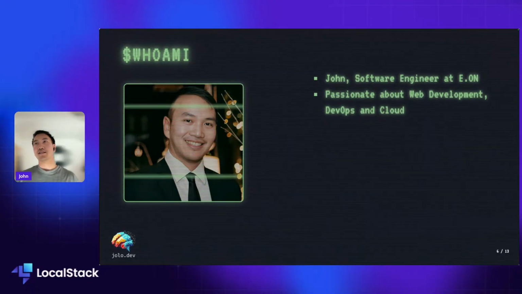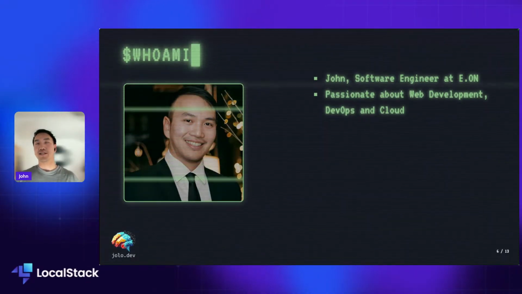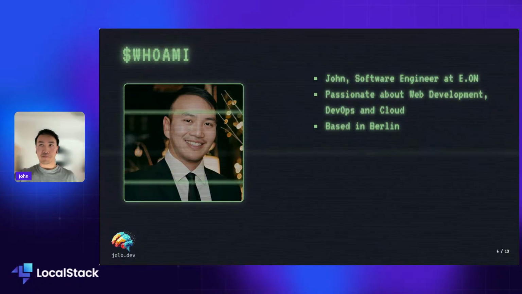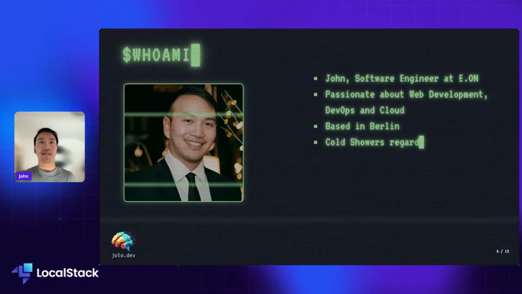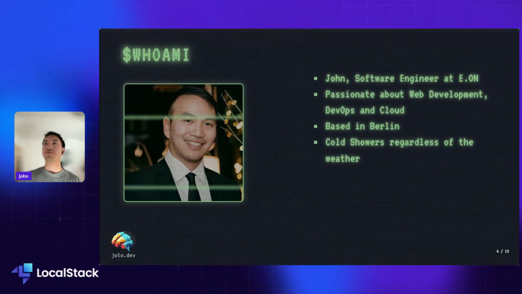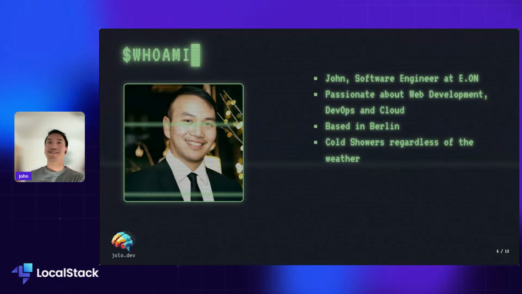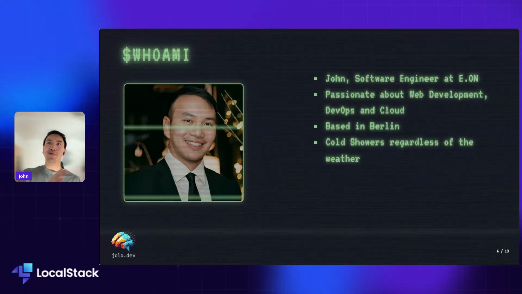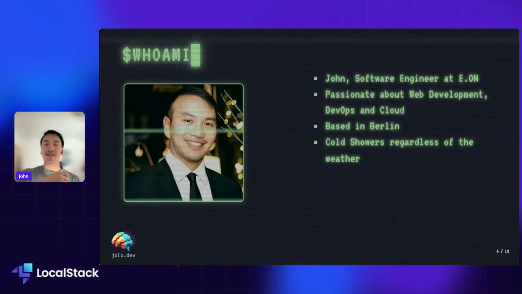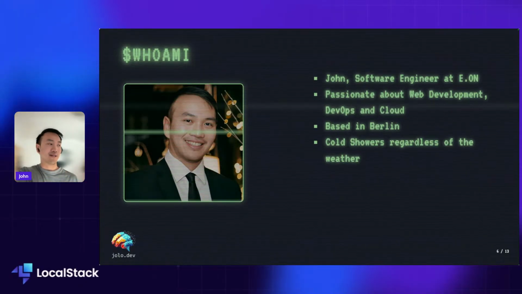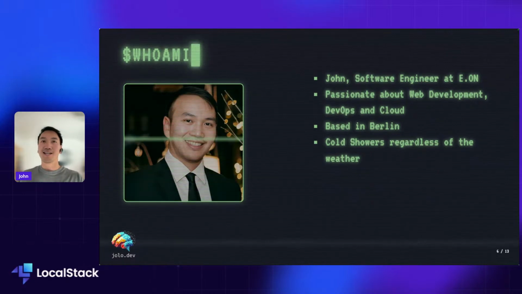As Kaya mentioned, I started with PHP. I'm based in Berlin, in Germany. And one fun fact about me: I do cold showers every day, regardless of the weather, unless I have been outside for hours in super cold weather and have to shower afterwards. Then I don't do cold showers, or if I'm sick, then I don't do it.